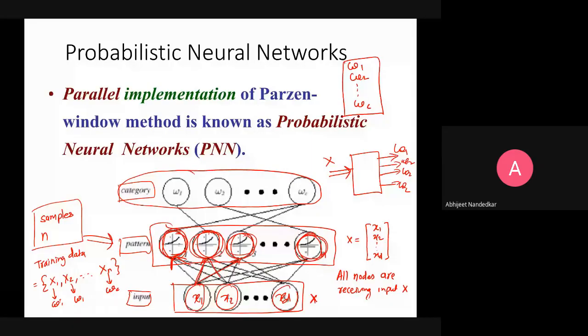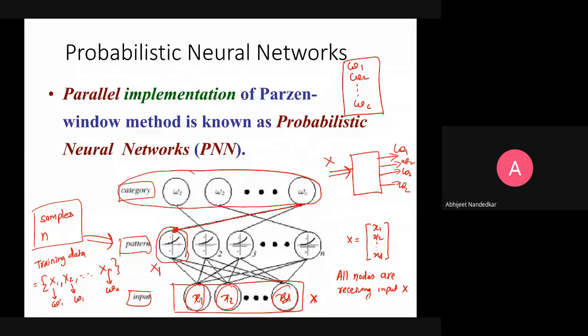Now one more thing, suppose I choose any node here. Suppose I choose this node. This is representing pattern x1, and you will see that there is a connection from this node to omega c.